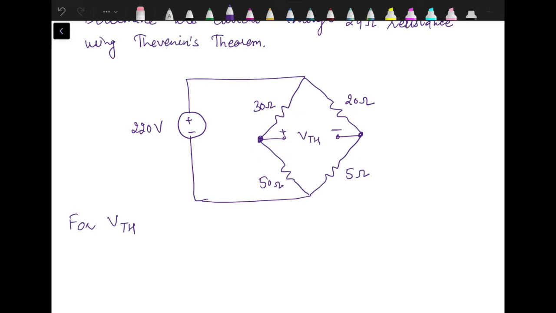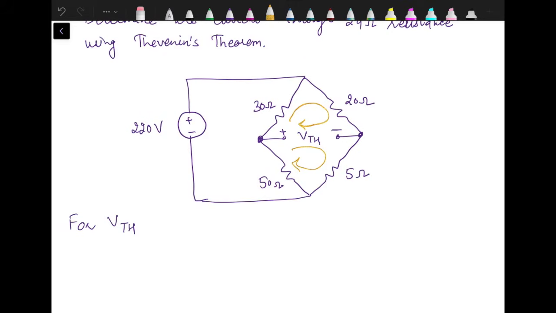We can find out the VTH by applying KVL either in this loop or in this loop. Both are open loops. Across the open circuit, we have assigned the voltage as VTH. But for that, we need to find out the currents through the respective resistances.